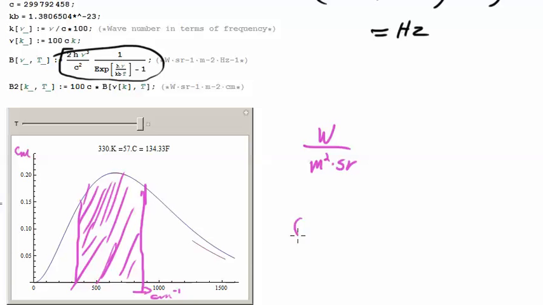If I take the integral of B2 of k comma T from k equals 0 to infinity dk, I'm going to get sigma T to the 4th.